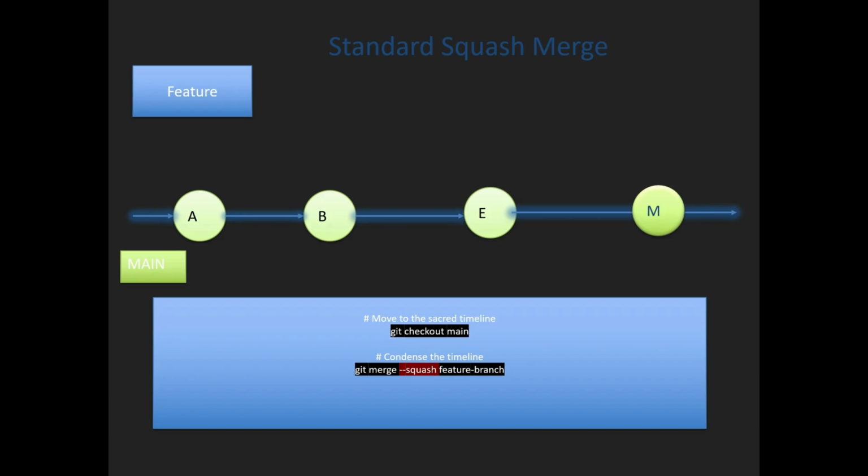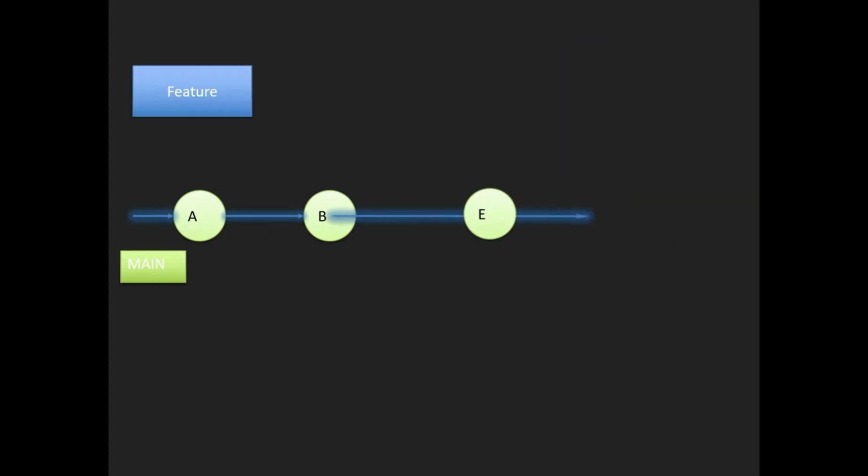So all the commit histories will be squashed, and when you want to merge it, you have to commit manually, like git commit -m in the main branch, and the final polished reality of the feature is added to our main timeline as an M.